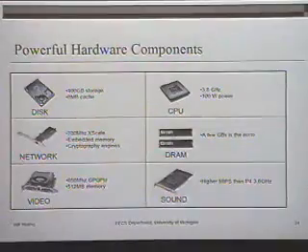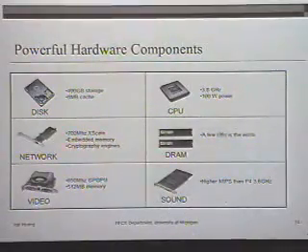Just to give you an idea, the video card has a very powerful processor. It has a 650 megahertz general purpose GPU and a very large amount of memory. So other than when you're playing a game or doing CAD work, you're not actually taking advantage of that resource. So how do we take advantage of that? And you can also ask the same question about the network card and sound card as well.